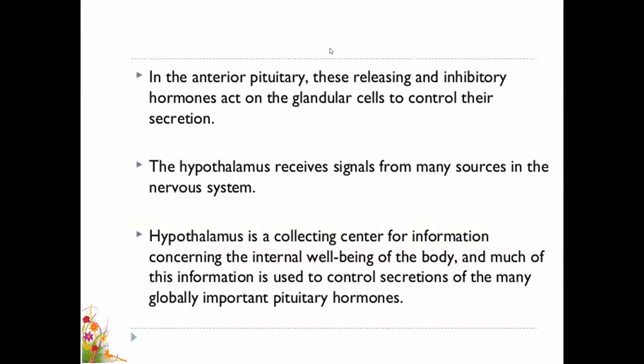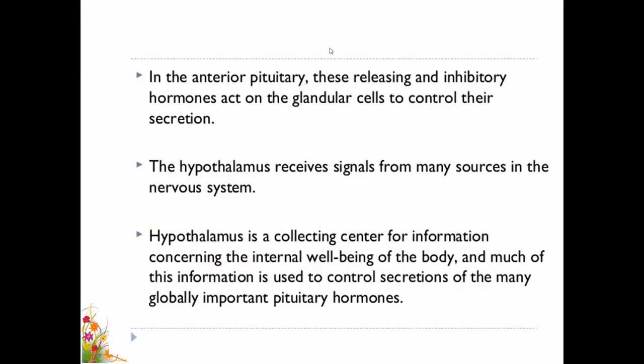So the main reason is that the hypothalamus is receiving signals from many sources in the nervous system. The hypothalamus is a collection center about the internal well-being of the body. The information received by the hypothalamus is responsible for the production of nervous signals as well as the hormones from the hypothalamus that control the pituitary hormones.